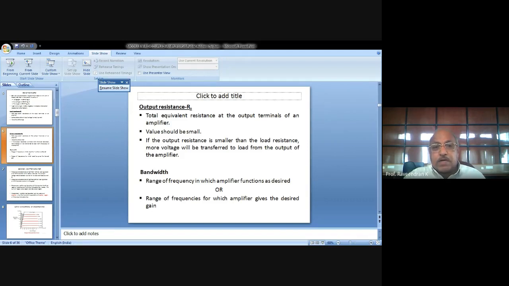This resistance along with some capacitors connected on the output side gives an RC network for the amplifier. That is why this particular setup is called a resistance capacitance coupled, or RC coupled, common emitter amplifier.